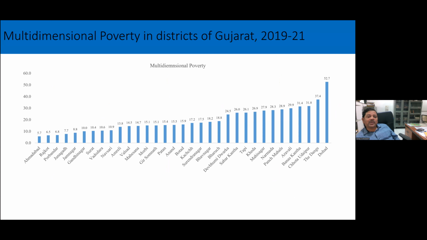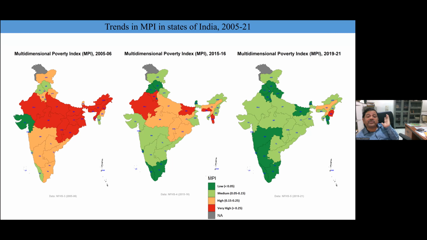Since I am speaking to a larger audience from Gujarat, and such estimates are also available for the states of India: the 2019-21 estimate is not an OPHI estimate, but I put in the same methodology and estimated it myself, including these maps, while for the other two periods I have taken the OPHI estimates.